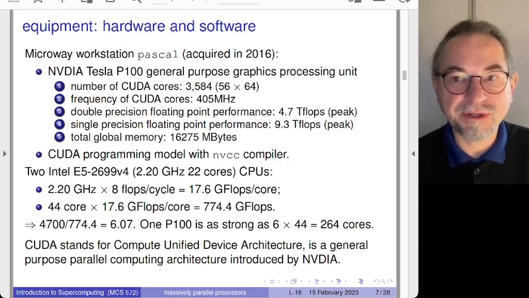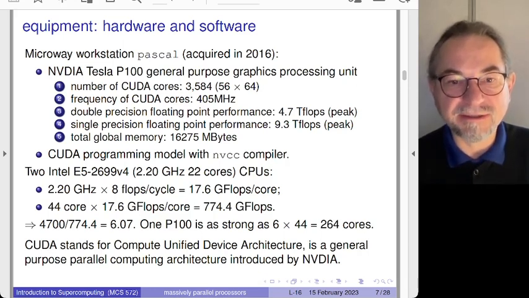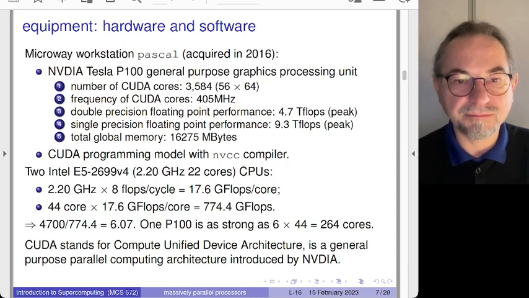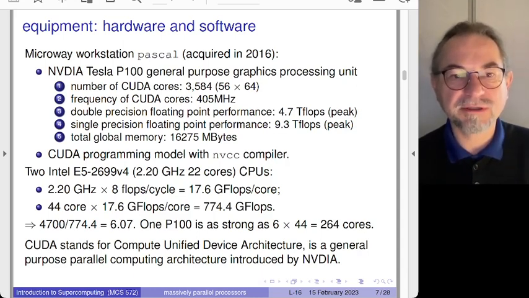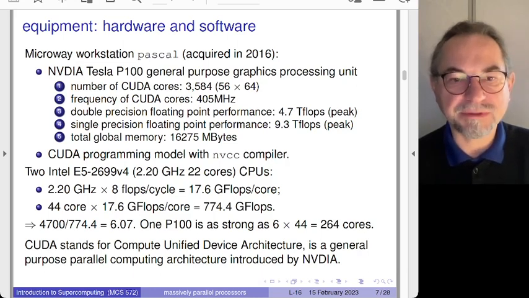And perhaps this can go to teraflops if hyperthreading is fully exploited. But then still, you would most likely not match the performance of the Pascal GPU.